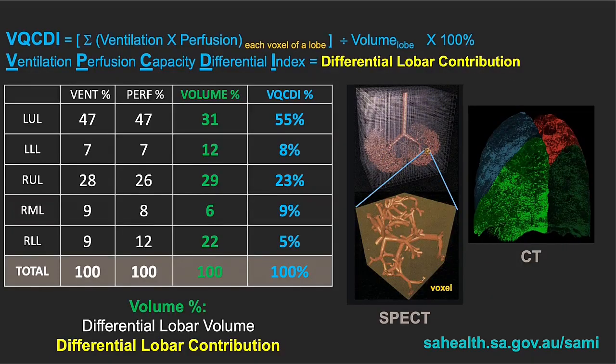A further novel approach with our program was to derive another index we call Ventilation Perfusion Capacity Differential Index, or VQCDI, which is a sum of products of ventilation and perfusion of all voxels in the lobe divided by lobe volume, which gives an assessment of amount of air and blood per unit lung volume to estimate differential lobar contribution. The lobar differential volume from the CT map, or volume percent, also has potential value for differential lobar contribution, but without VQ.